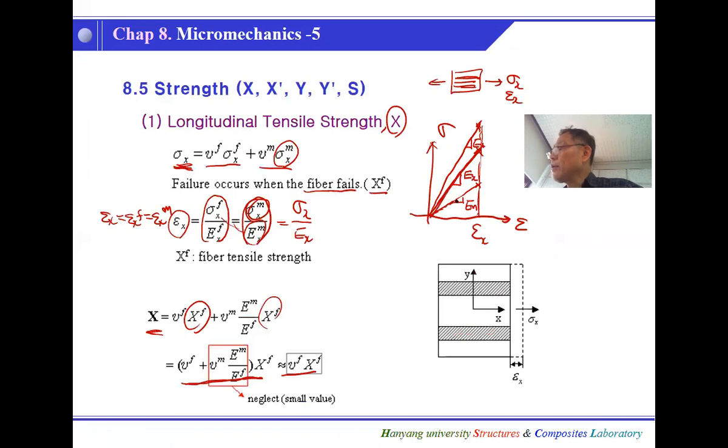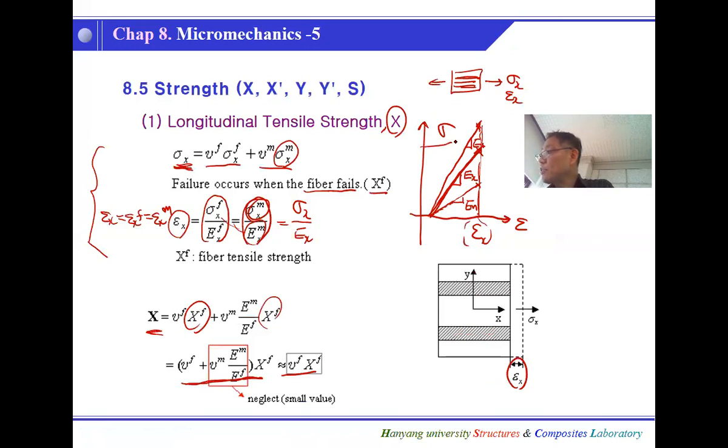This is the fiber and resin. All this procedure can be represented using this schematic diagram. This one is easy to follow, but good to understand the composite behavior. In the x direction, we have the same strain.